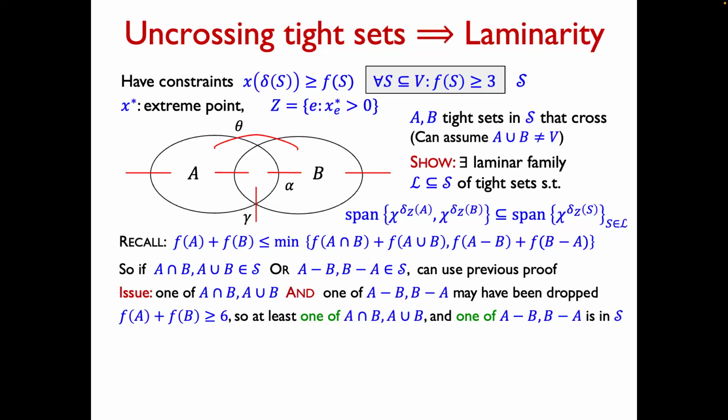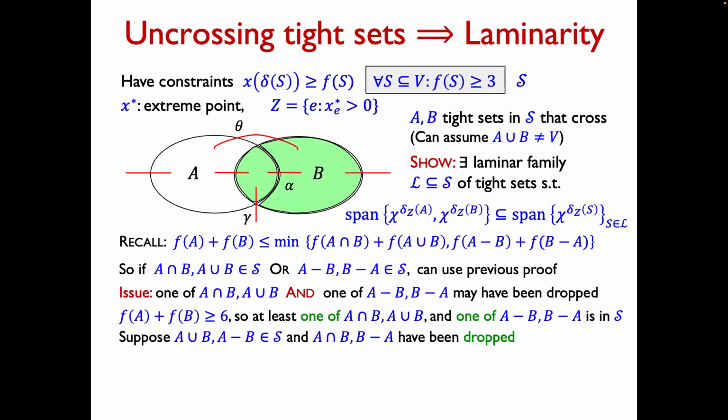So where are we? We have inferred that if both sets are in my collection, from A intersect B and A union B, or from A minus B and B minus A, then we are good. And at least one of those has to be in script S. So the case that we have to look at is that in both pairs, exactly one of these sets is in S and the other set has been dropped.